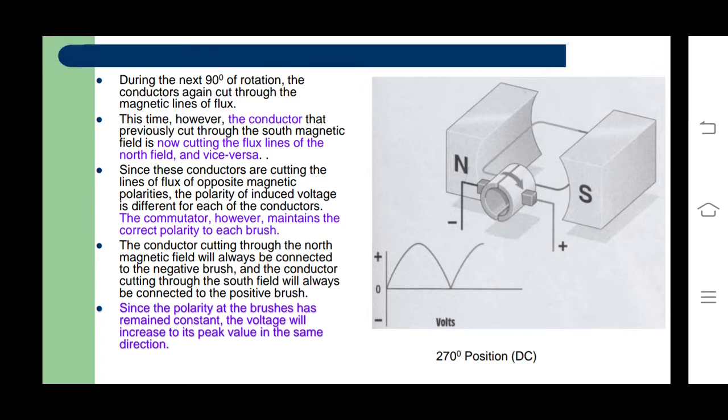Again, during the next 90 degrees of rotation, the conductor is again cutting through the magnetic lines of flux. This time, however, the conductor that previously cut through the south magnetic field is now cutting the flux lines of the north field, and vice versa.